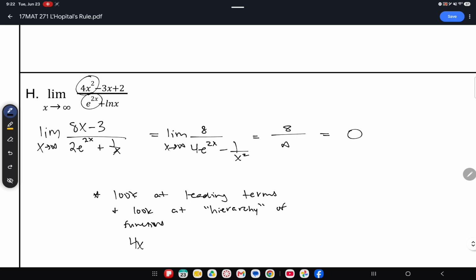All right, so we got 4x squared, and then we have e to the 2x. E to the 2x is always going to be greater than that 4x squared. So we're going to go to 0.